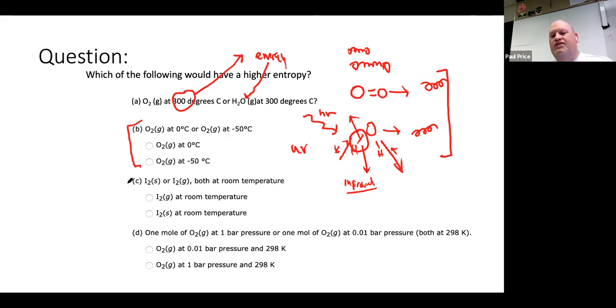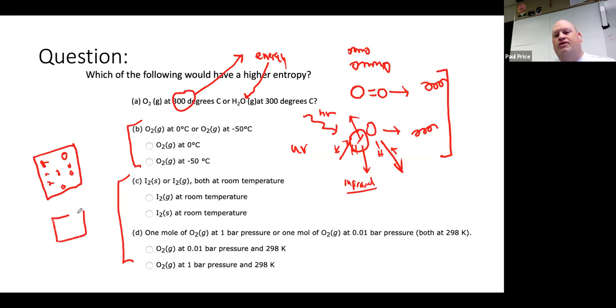The other thing we'll see too is that entropy is able to be dispersed if you can move energy throughout a container. So for example, if we were to look at a gaseous state, like I2 gas, which may on a particulate level look like that, versus I2 in a solid state, which would look more like this, the ability to send that energy throughout the container for each of the individual particles to explore the space and disperse that energy and matter throughout the container also increases entropy.